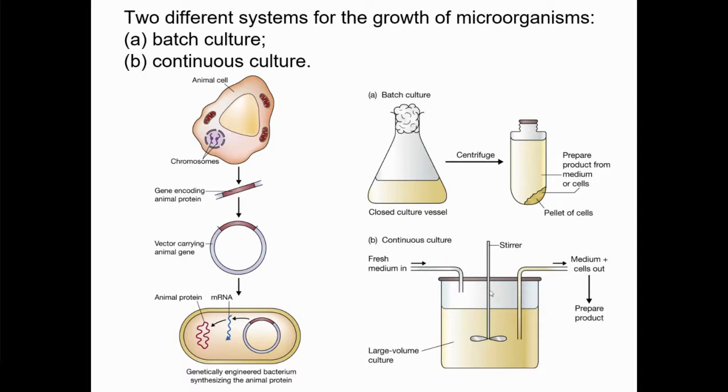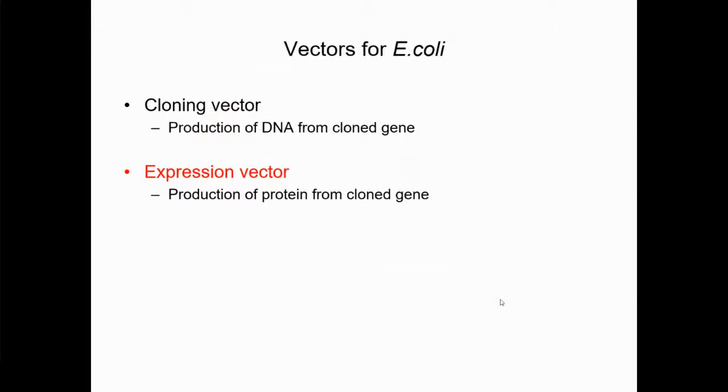In a biotech company or pharmaceutical company, when they want mass production of a protein, they will do this continuous culture. This is commonly seen in the biotechnology field, and that's what I will show you in the video later today.